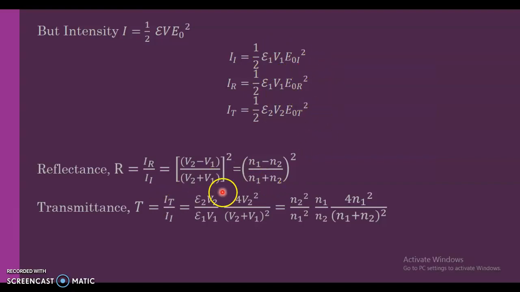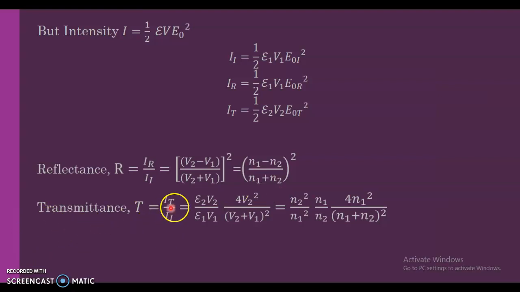Substituting these values, we get ((V2 minus V1) divided by (V2 plus V1)) the whole square. That can be written in terms of refractive index as V2 by V1 is equal to n1 by n2. Therefore, rearranging this, you will get an expression like this, that is ((n1 minus n2) divided by (n1 plus n2)) the whole square.